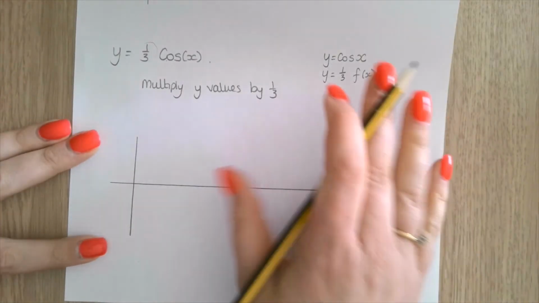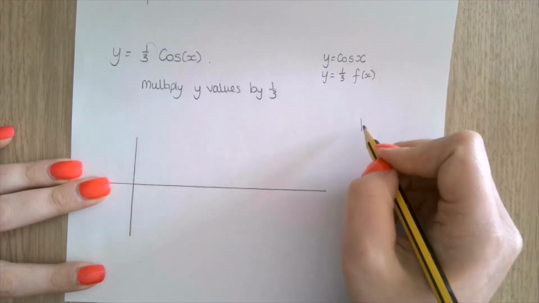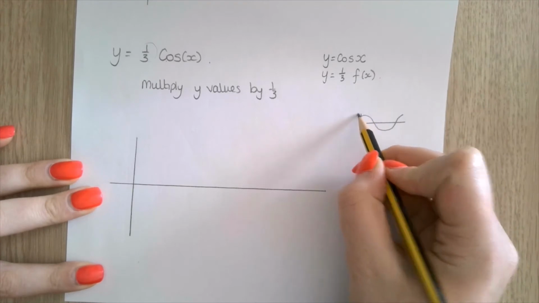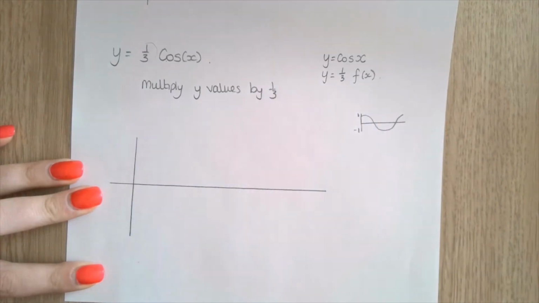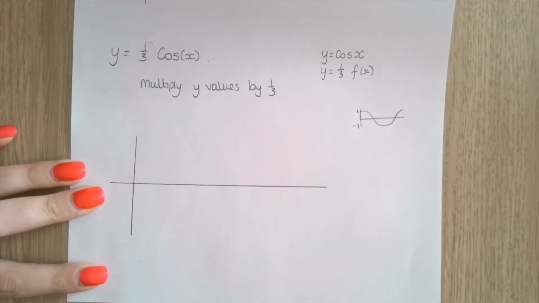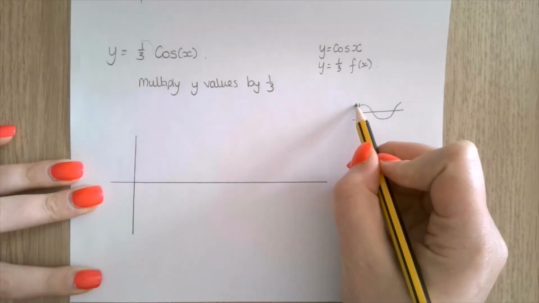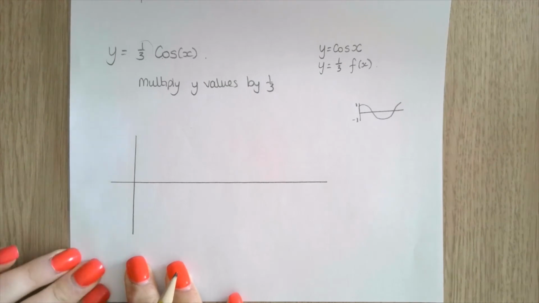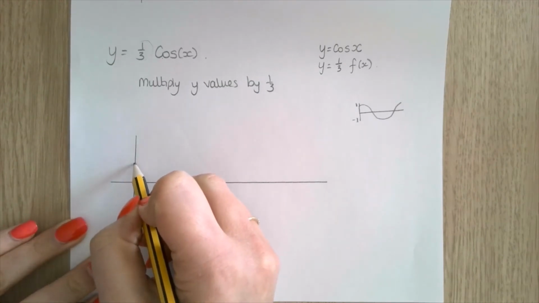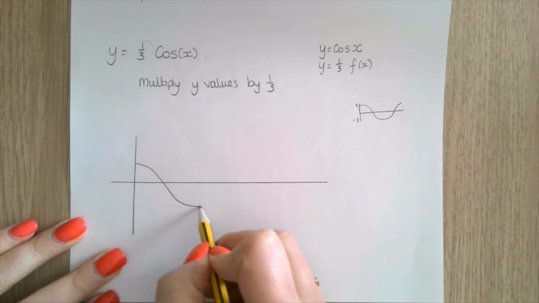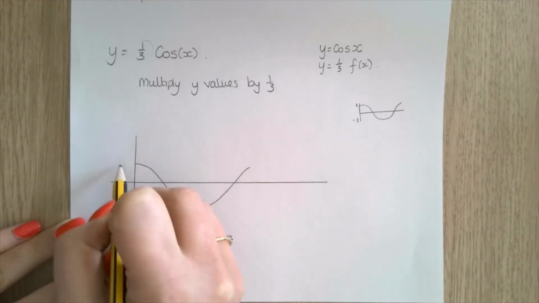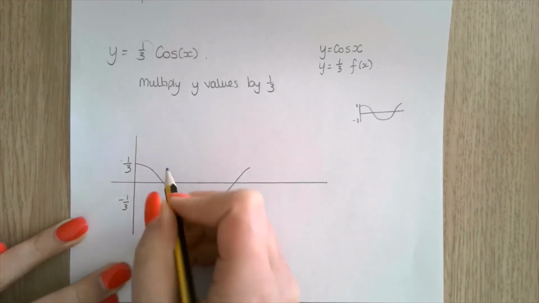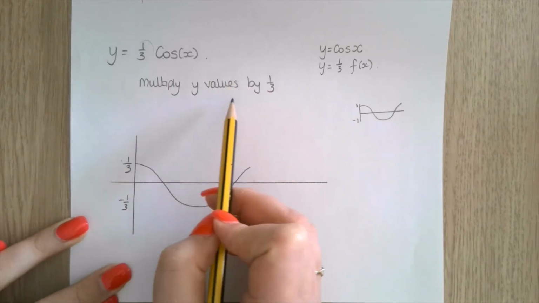What's going to happen is my standard cos graph would have been at 1 and the minimum at -1. When I multiply those by a third, this is going to become 1/3 and this is going to become -1/3. So I'm going to end up with something that looks like this.